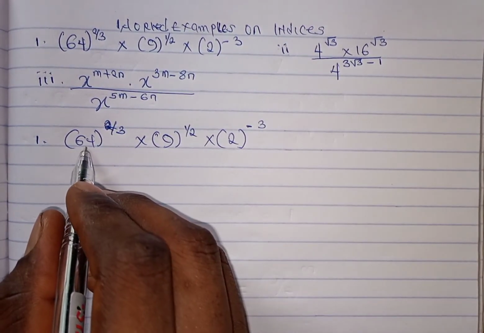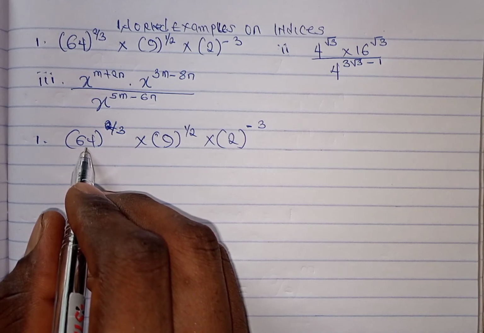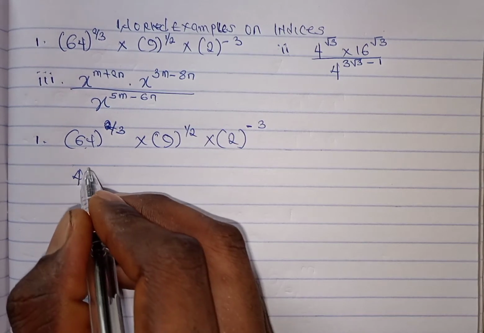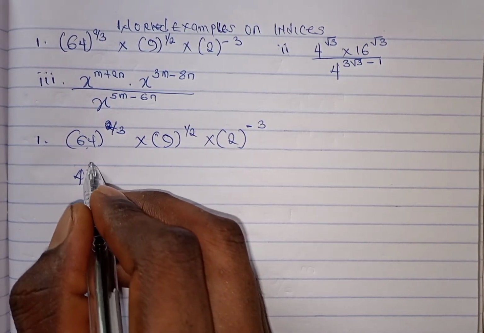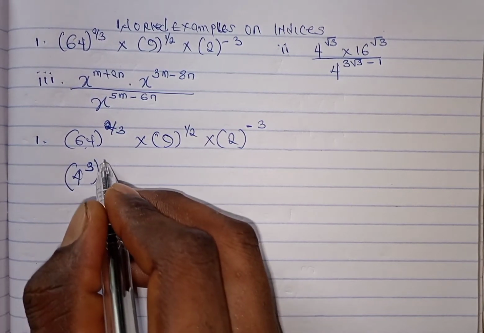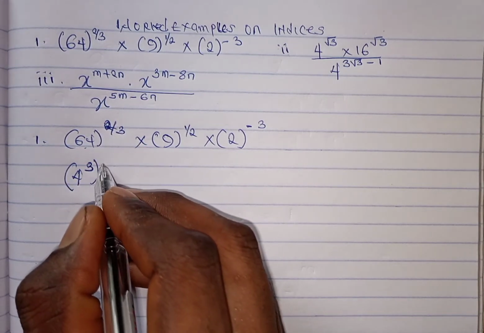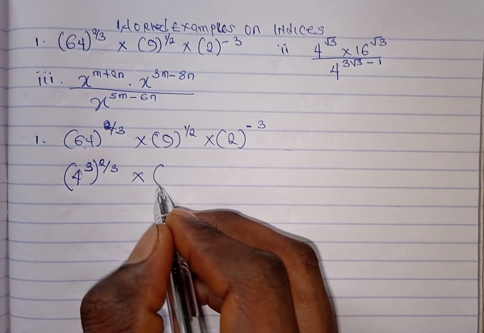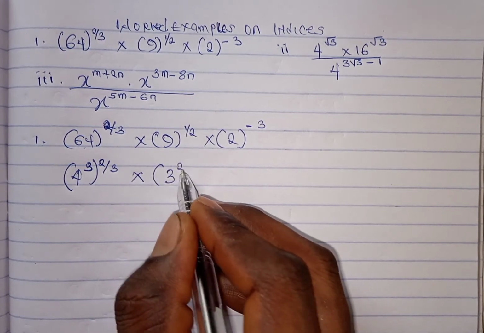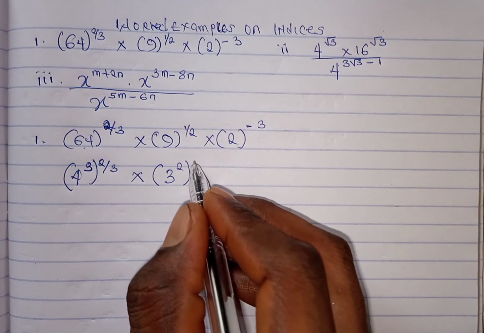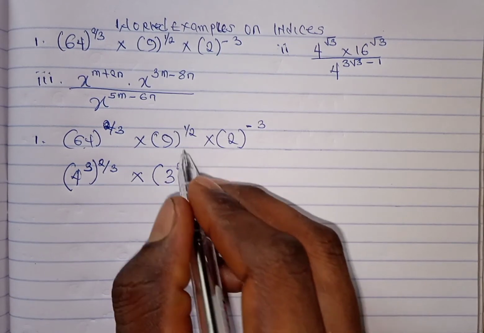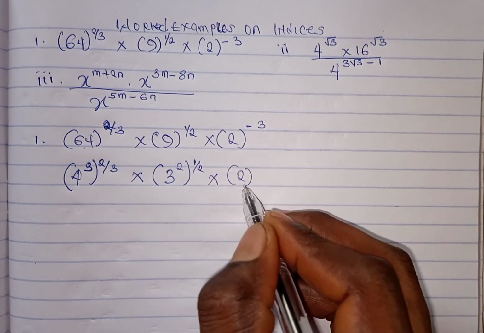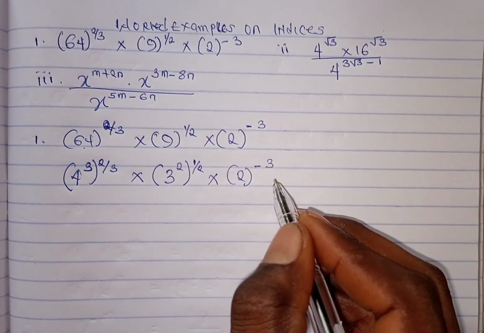First of all, you need to express this in its index form. Now, 64 is the same thing as 4 raised to the power of 3. You can check that on your calculator. Don't forget that you have 2/3 here. Then multiply by 9, which is the same thing as 3 raised to the power of 2, with 1/2 here, then multiply by 2 raised to the power of negative 3.